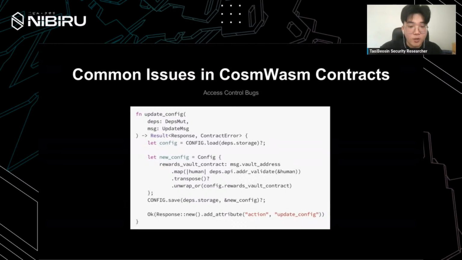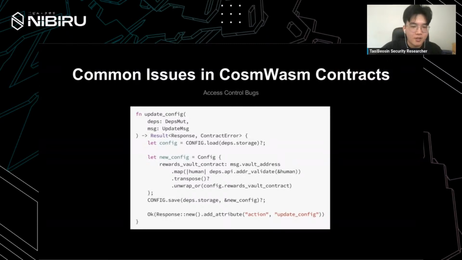So we need to think about the access control in every function, especially for those critical functions that deal with rewards distribution or airdrops, or some functions that control the smart contract.